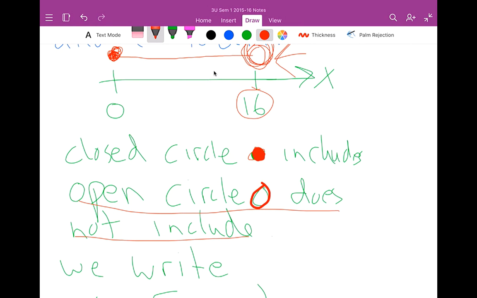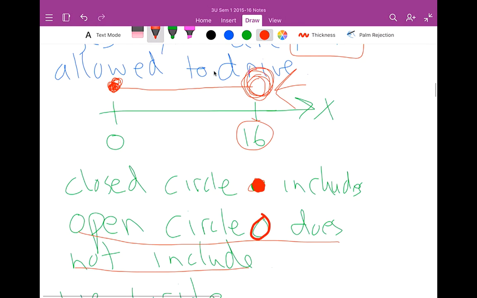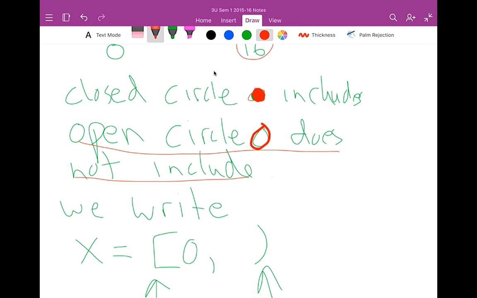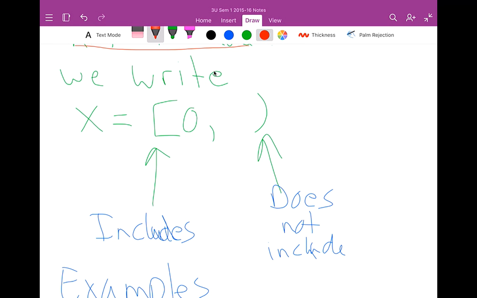Okay, so this whole idea of open circle, closed circle. Closed circle means the number is included. Open circle means the number is not included. And then another way to write it, if you have a closed circle, you write a square bracket. If you have an open circle, it's a round bracket. Square and round.